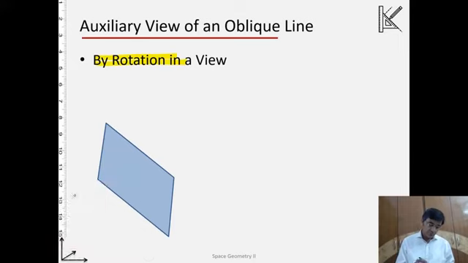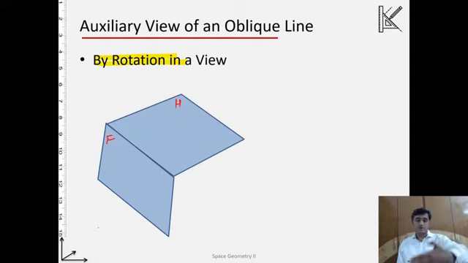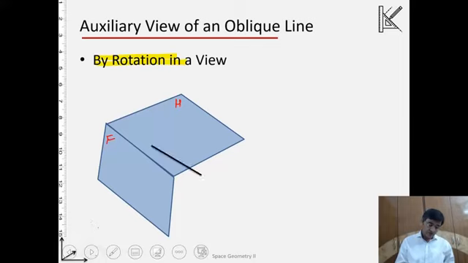This is the frontal plane and we have the horizontal plane. Visualize that there is a line over here, an oblique line, and if you mark this line as A, B, it will have its projection on the horizontal as well as on the frontal.